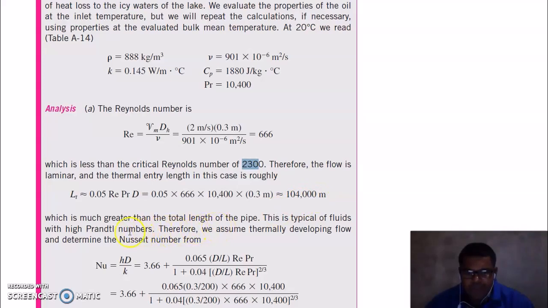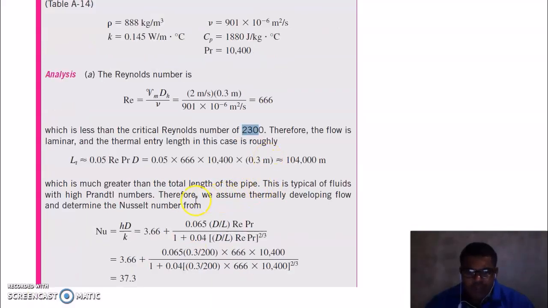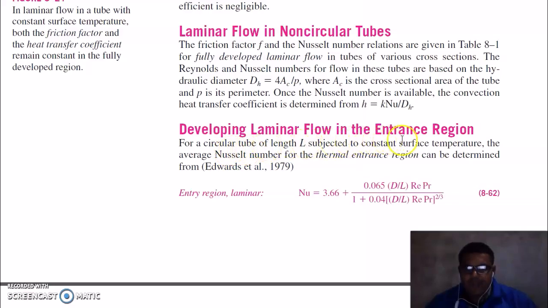So this means the flow hasn't developed fully. So we assume thermally developing flow and determine the Nusselt number from this equation, which is for developing laminar flow in the entrance region, which gives this value here.